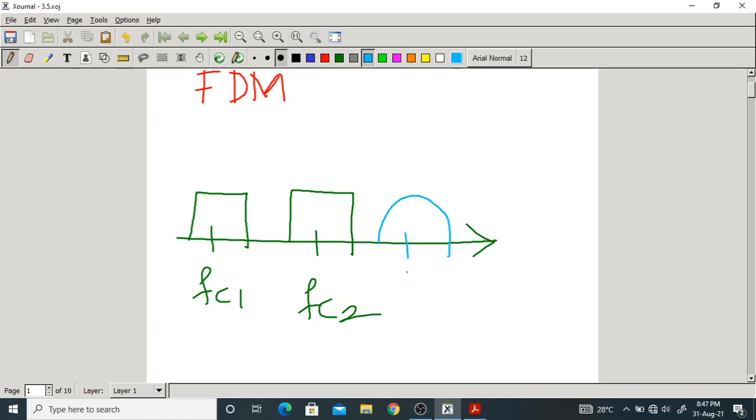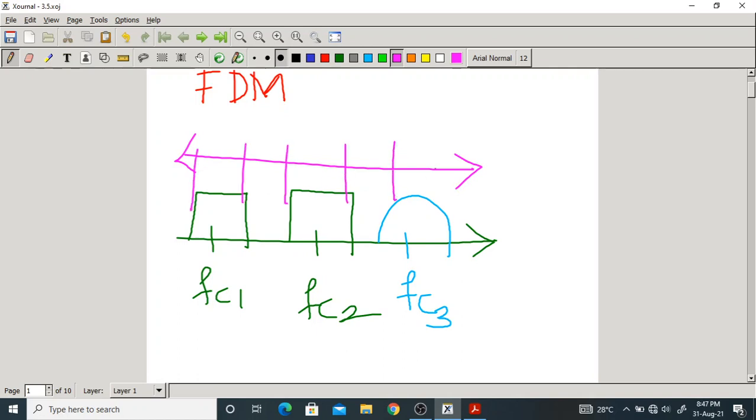This is modulated to another frequency fc3. Here we have divided the entire bandwidth among the users. So we transmit simultaneously by dividing the bandwidth. They occupy different sets of frequencies and are modulated to different carrier frequencies.